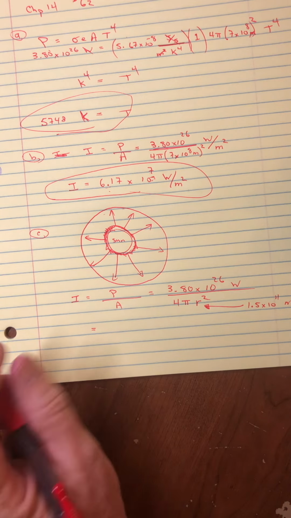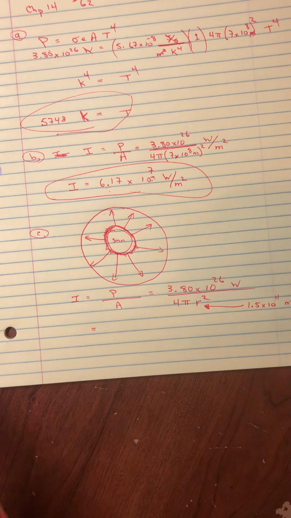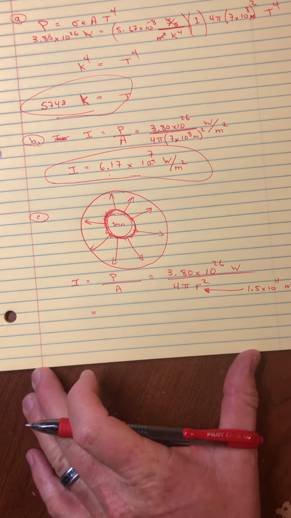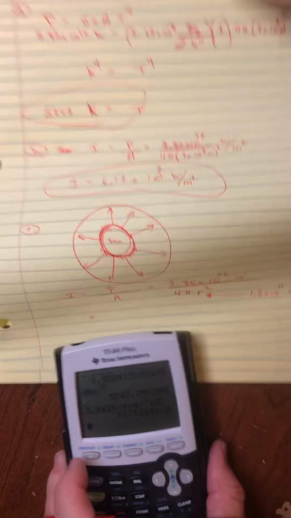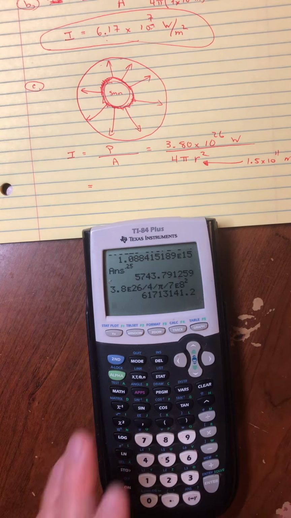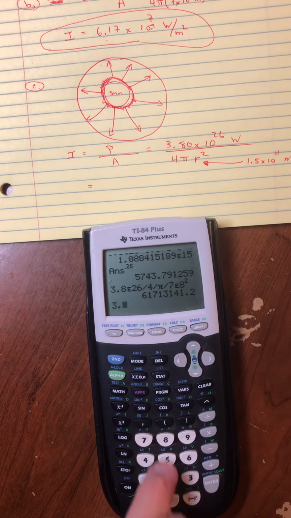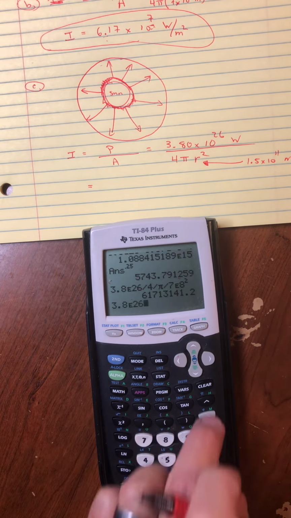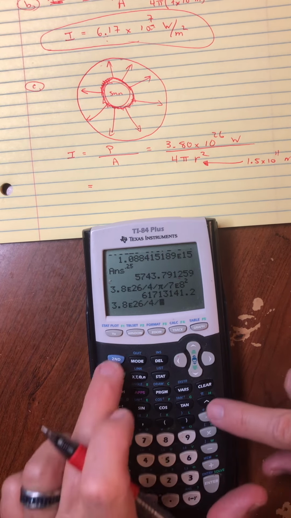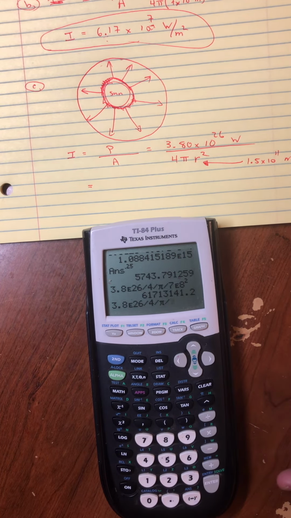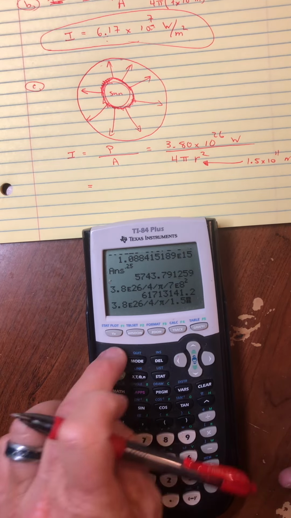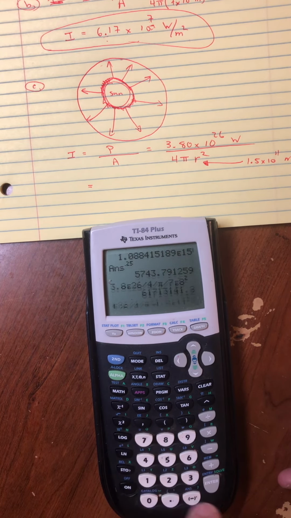And so by the time it gets to us, planet Earth, what we often refer to as the solar constant, it would be 3.8 times 10 to the 26 divided by 4, divided by pi, and divided by 1.5 times 10 to the 11th squared.